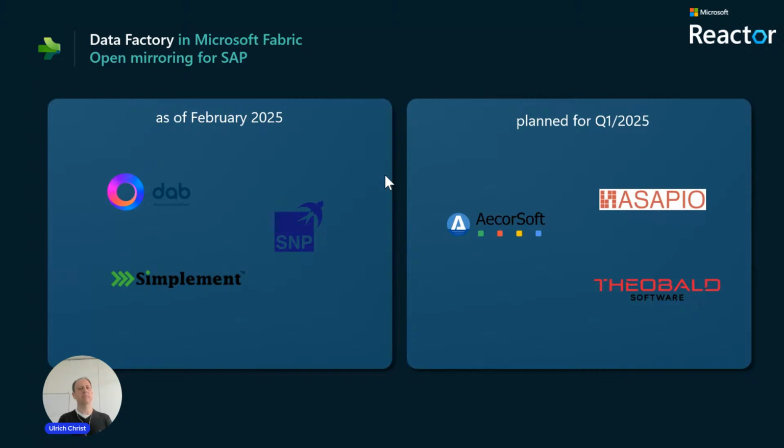And by end of Q1, maybe very early Q2, so think of end of this month, end of March, maybe early April, the other partners are expected to be ready. We are actually currently planning the rollout and the go-to-market with these partners as well, and how to onboard first partners. So they're very close to also being ready for open mirroring, which basically means that, let's say, a month or 6 weeks from now, you'll have 6 partners to choose from when it comes to doing open mirroring for SAP sources.